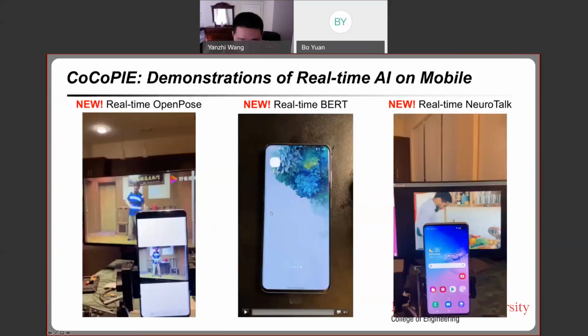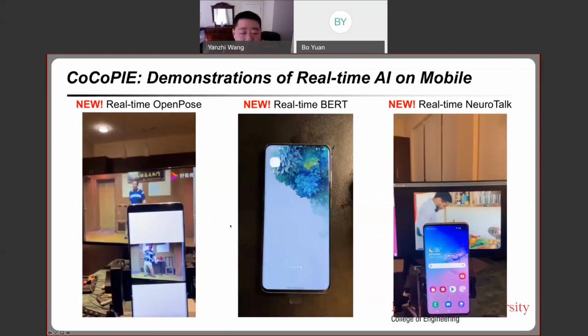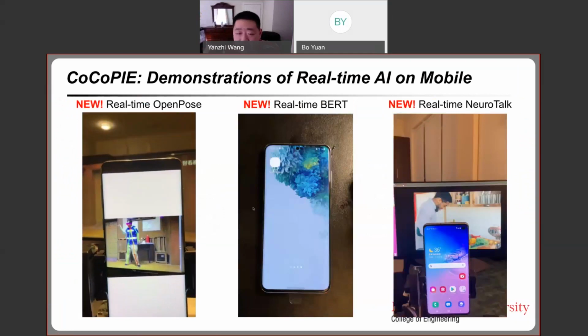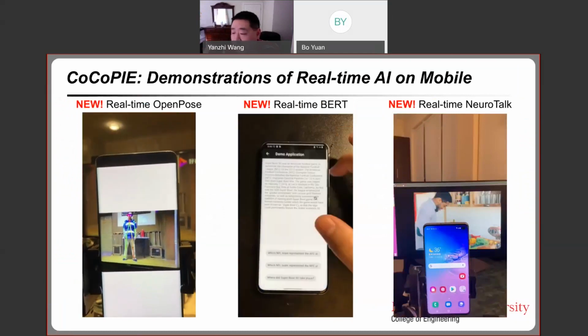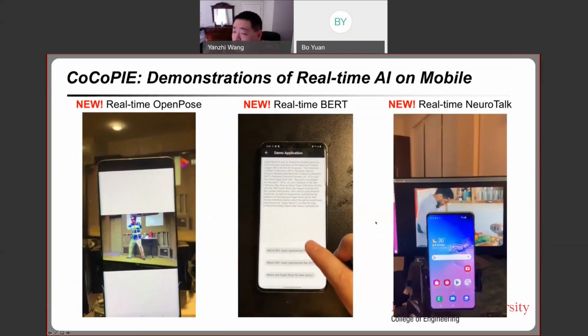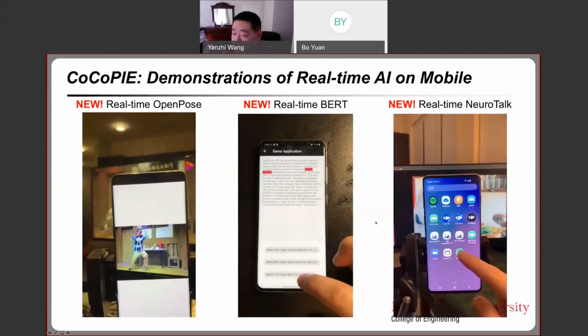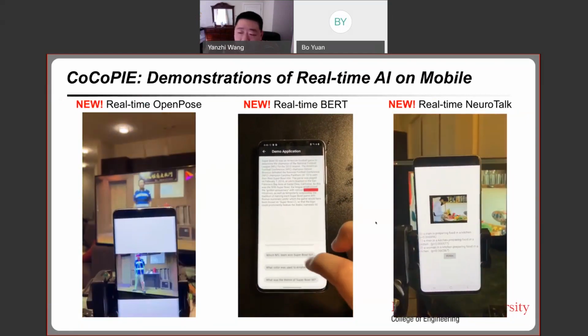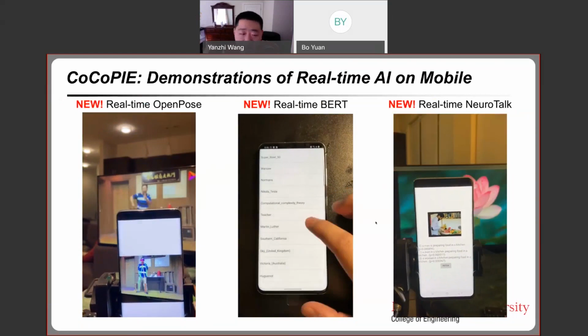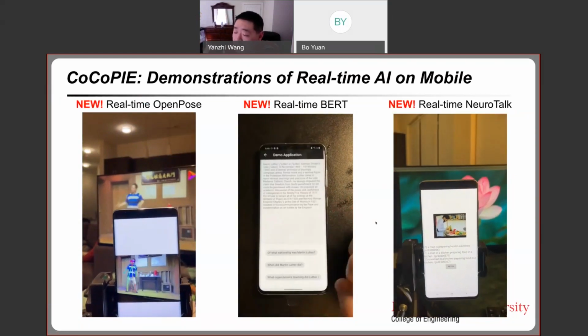We have some other things like real-time OpenPose, which is pose estimation here, and then real-time BERT, which is question answering. And real-time neural talk, which, given an input image or video, translates it into a sentence.